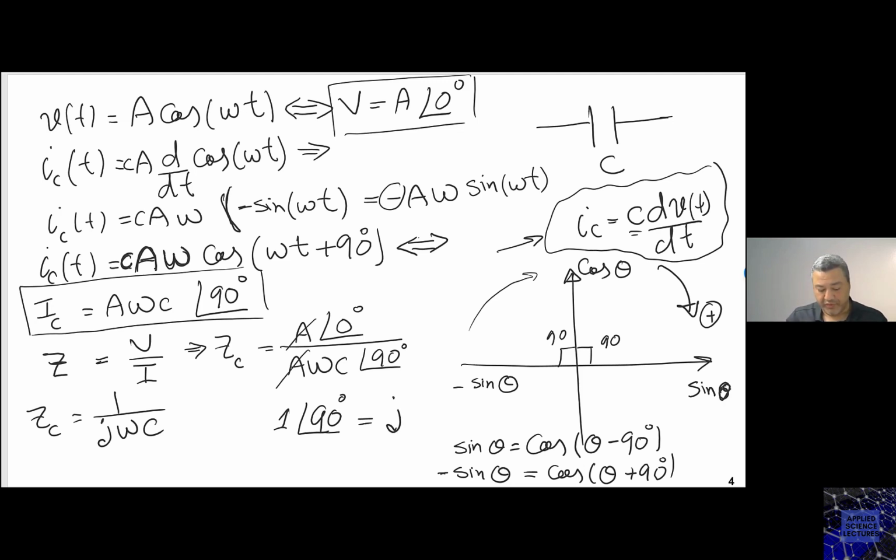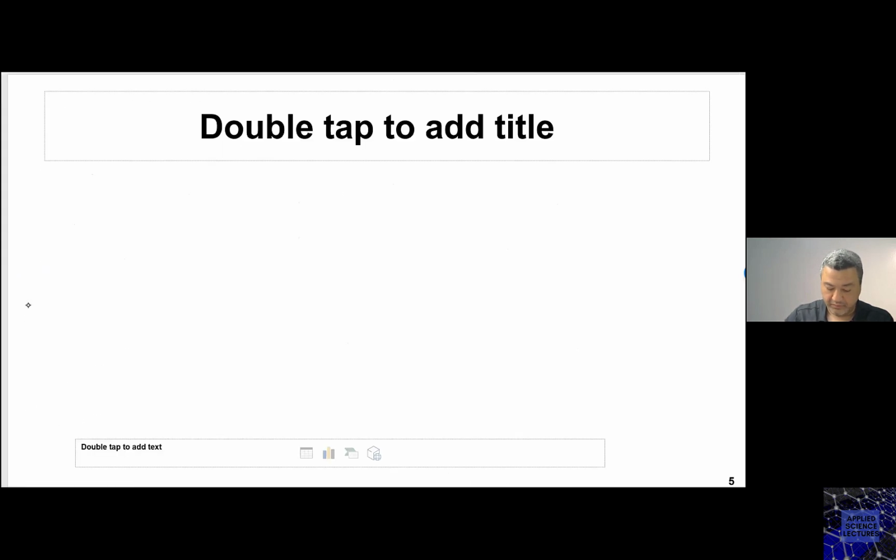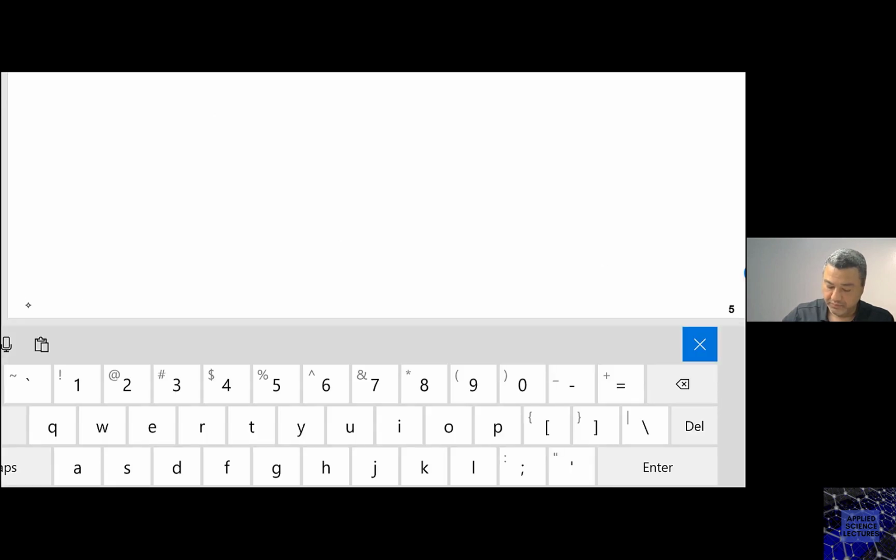How? If you recall, in the complex plane, if I am to represent a rectangular complex number, let's say this is an impedance of 0 plus j, which means this is j1, right?